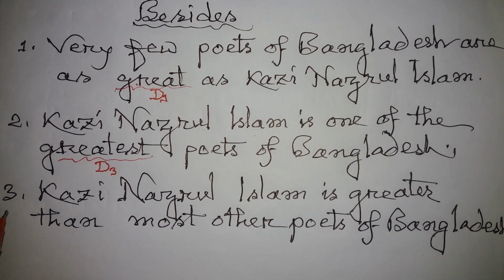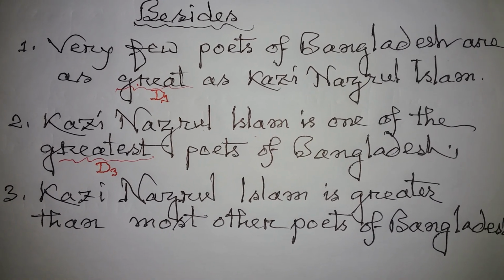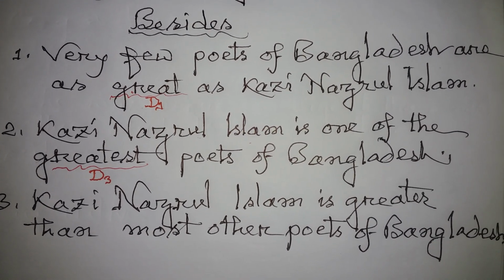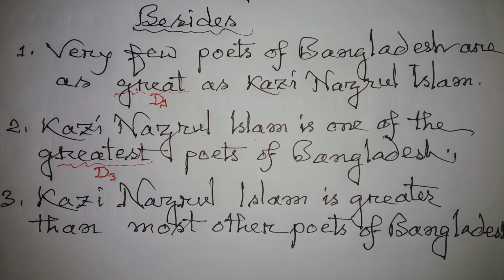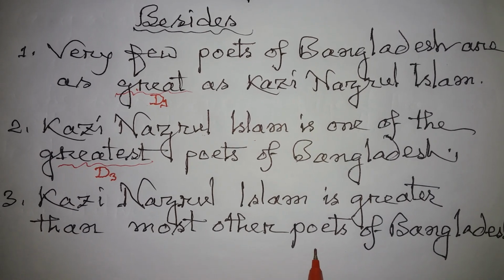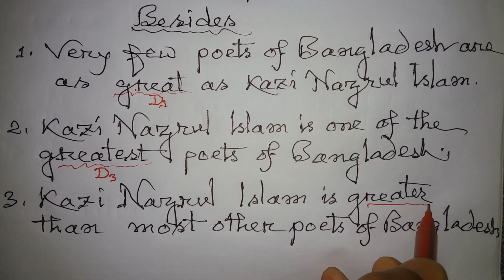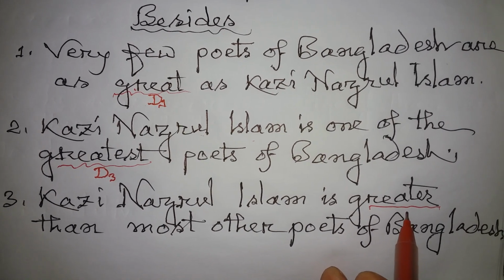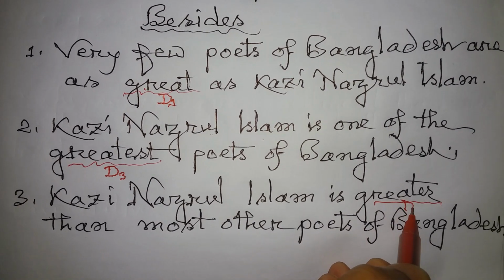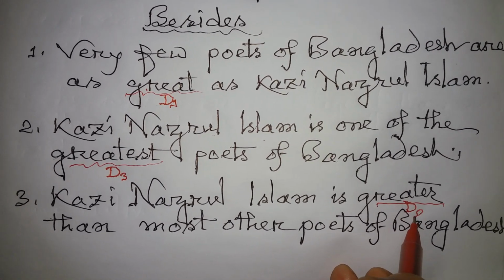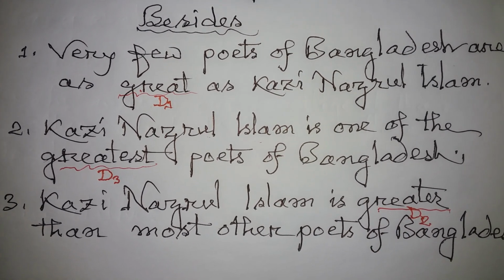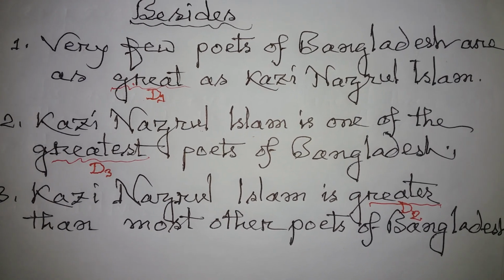And we can see that there is number 3 of this sentence: Kazi Nazrul Islam is greater than most other poets of Bangladesh. Here is a word, greater. It is an adjective and it is formed from great, and this is the D2 form. D2 form means comparative degree.